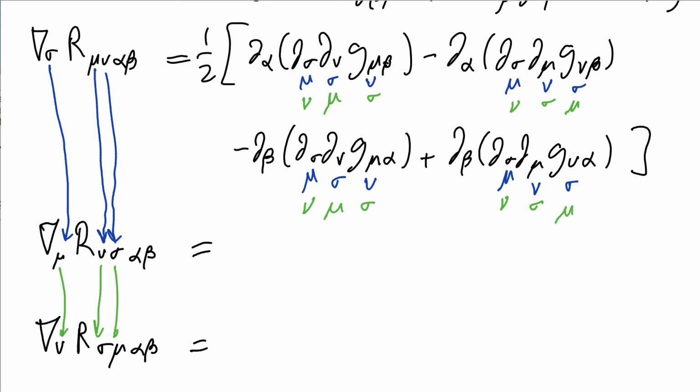All right, what we're going to do now is add all of these three terms together. When we do that, we should find that all of the terms cancel. So for example, looking at this first term with indices sigma, nu, mu, that cancels this term. Well, we have nu, sigma, mu, but we can reverse the order of the nu and the sigma.